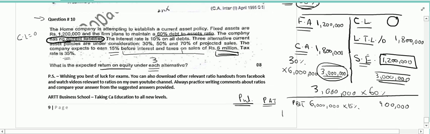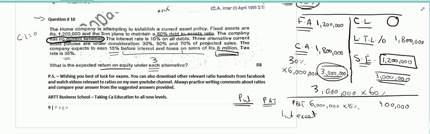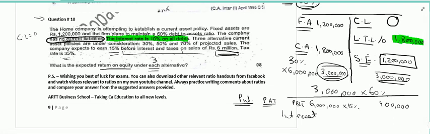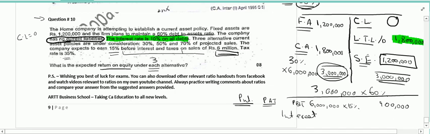After that, I will subtract interest expense. Now the question says that my interest rate is 10% on all debts. These are my debts, which are 1.8 million. So my interest expense will be 1,800,000 multiplied by 10%, which makes it 180,000.